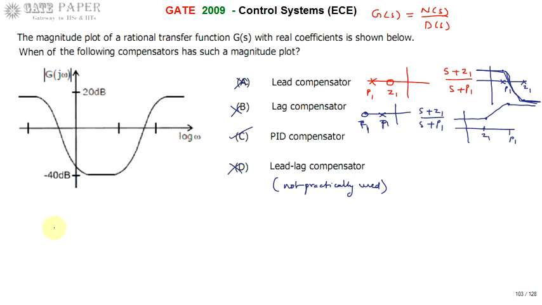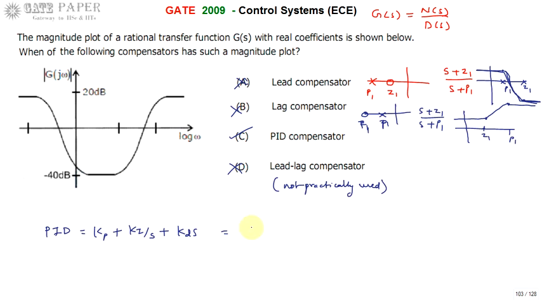The PID controller has the form of proportional plus integral, which is Ki by s, plus a differential term. So it consists of a proportional term, an integrator term, and a differentiator term.